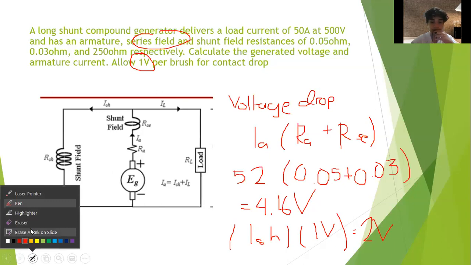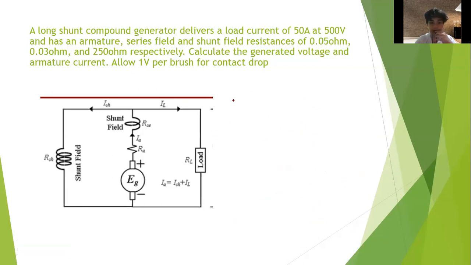Since we obtained the voltage drops required, now we can obtain EG, the generated voltage.